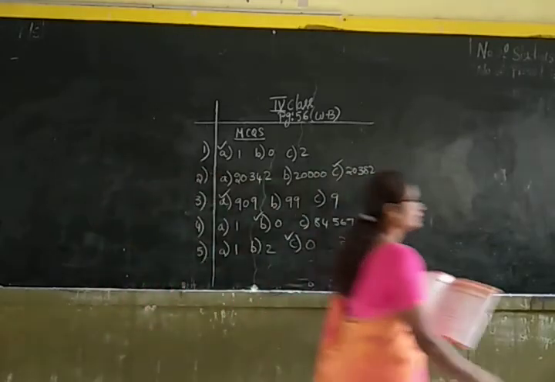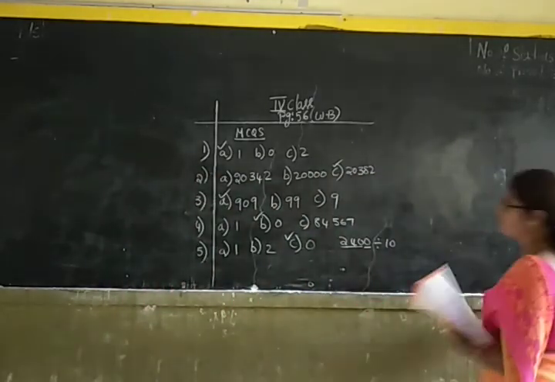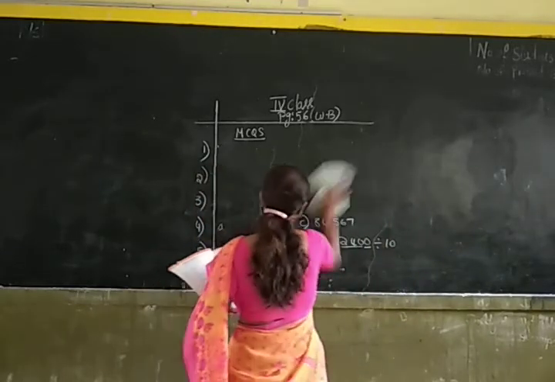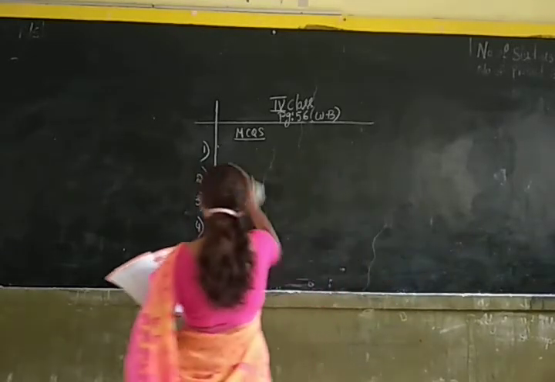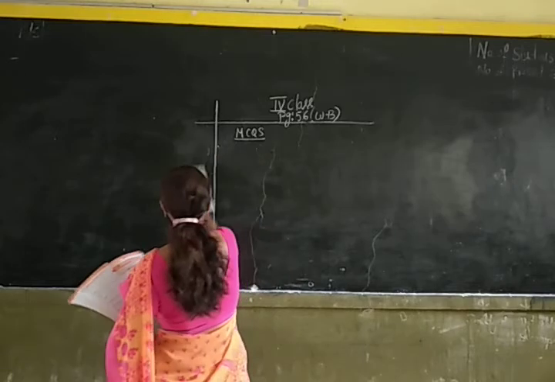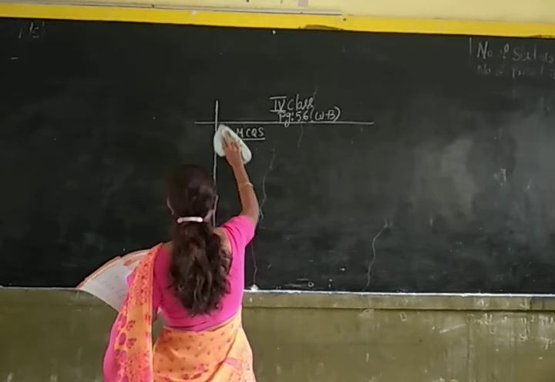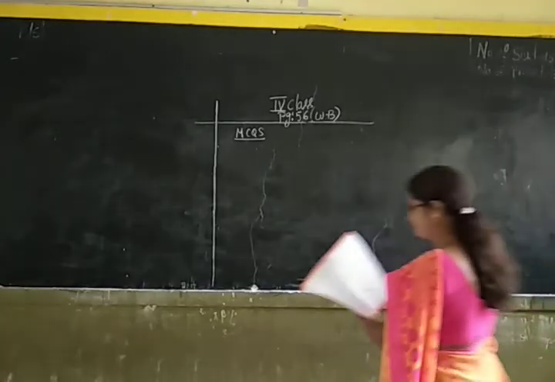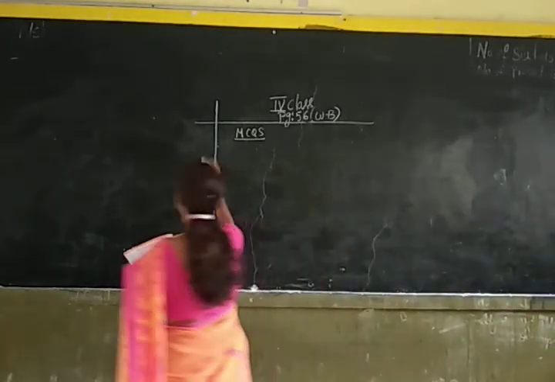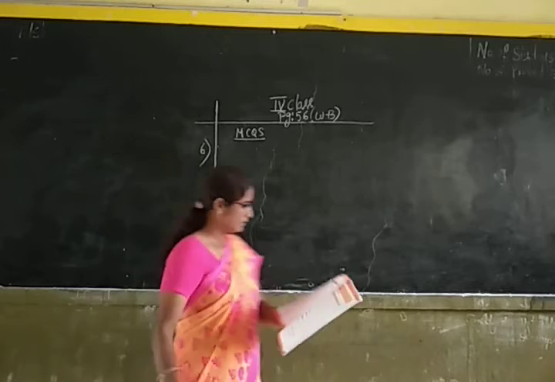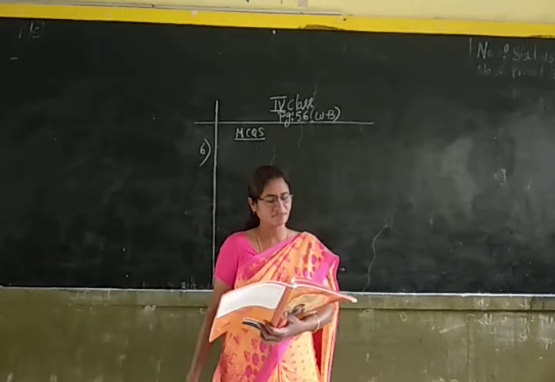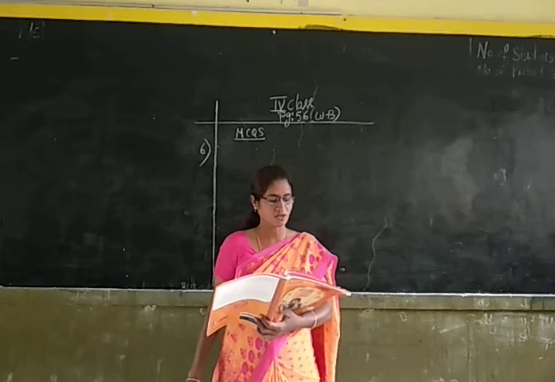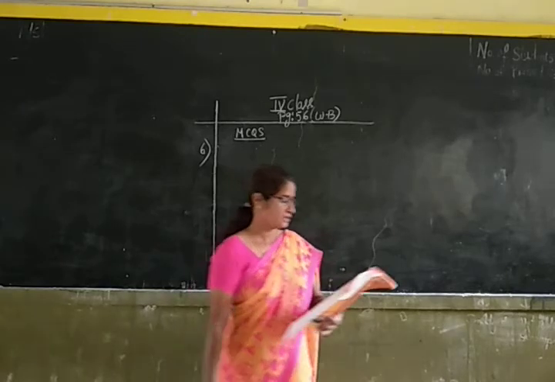Okay children. Now let us do the sixth question. So what is the sixth question? Divide 45,169 by 1000.